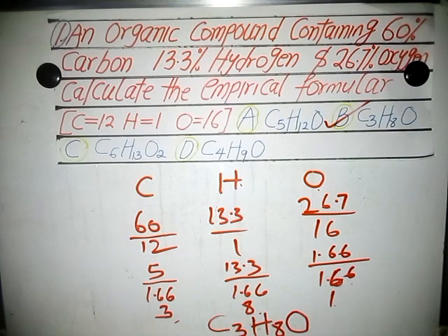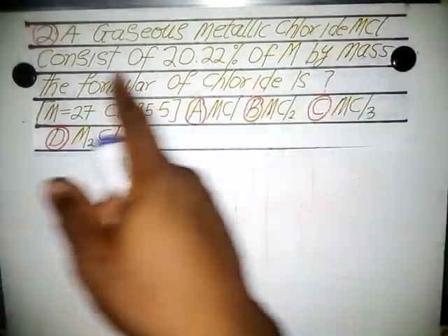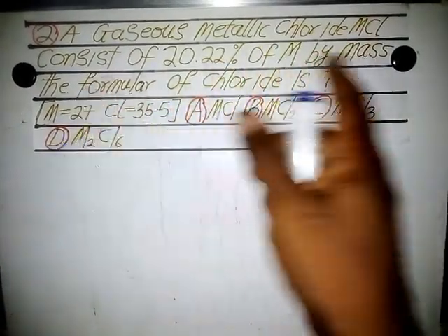So we're going to start with the easy questions to the a little bit complex ones. Second question: a gaseous metallic chloride MCl3 consists of 20.22% of M by mass.